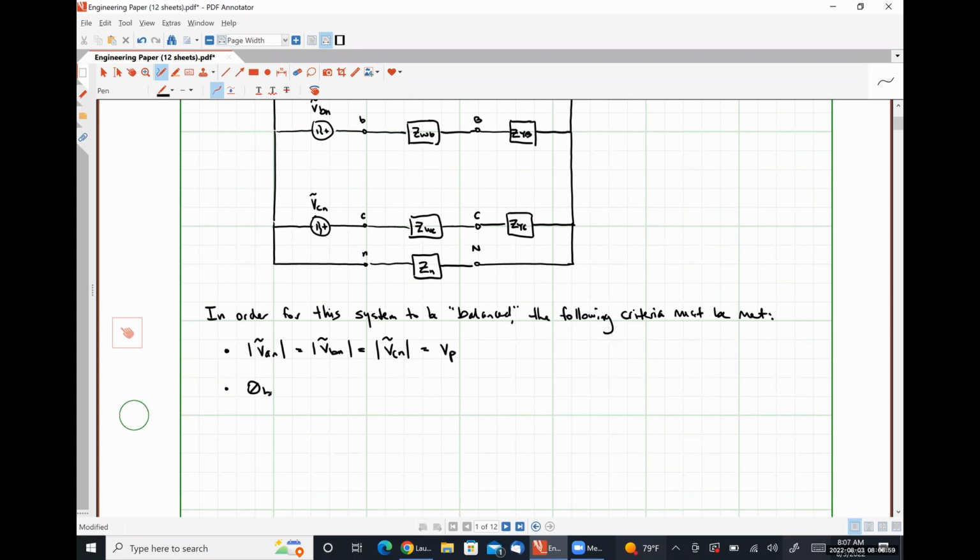So theta BN, which will be the angle of VBN, must equal theta AN minus 120 degrees, where we are assuming here that we have a positive phase sequence, and theta CN has to be theta BN minus 120 degrees.